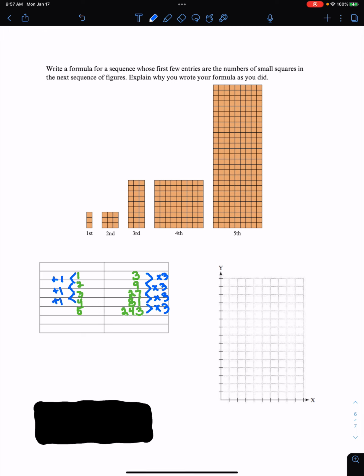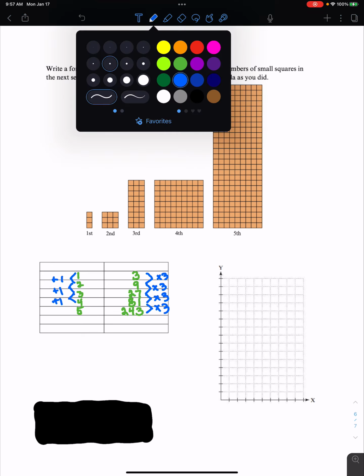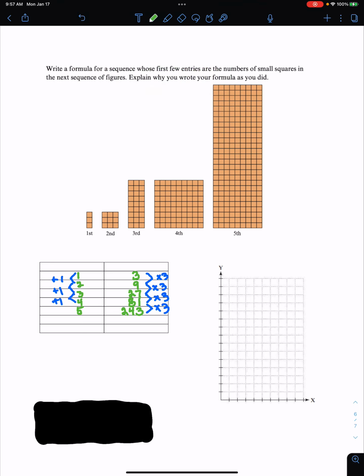And what I want to look at now is, just like we did in our arithmetic sequence, we have to go back to our 0th entry. Now, for our arithmetic sequence, we did the opposite, or the inverse operation for the change, the pattern. So we're going to do the same thing here.